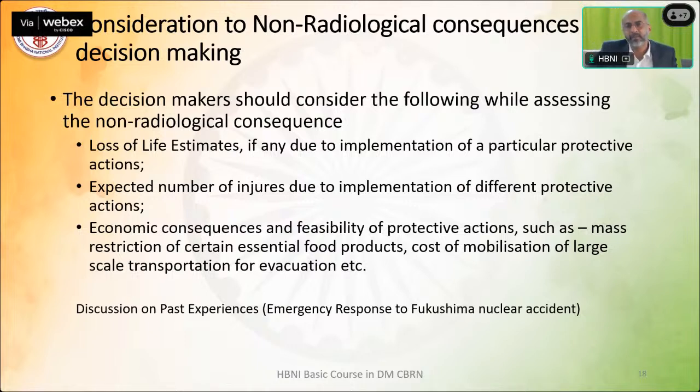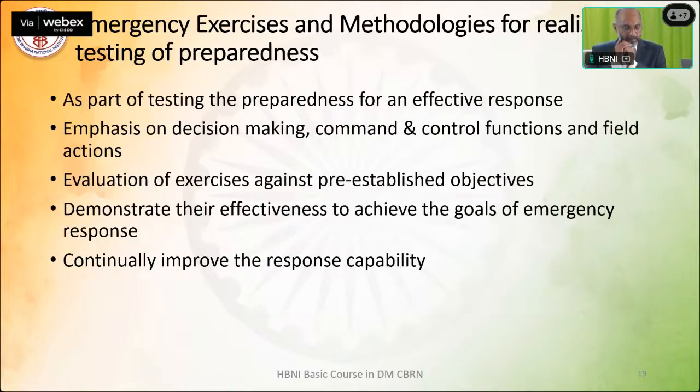These economic consequences and their impact need to be taken into consideration, as part of non-radiological consequences. So this is an essential part that I would like the participants to take back.